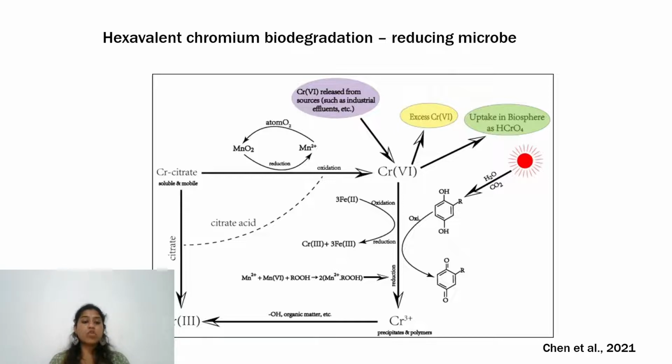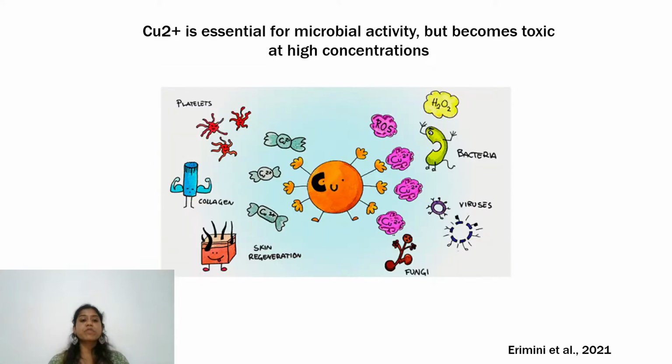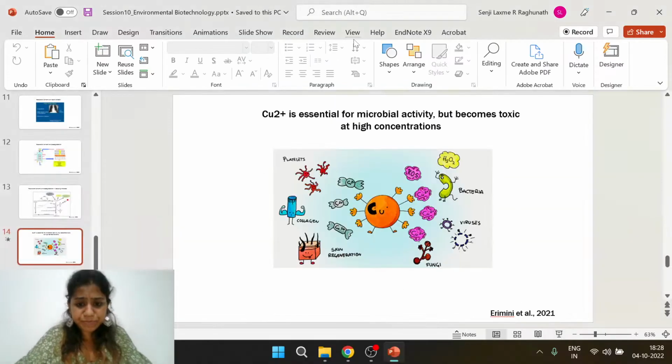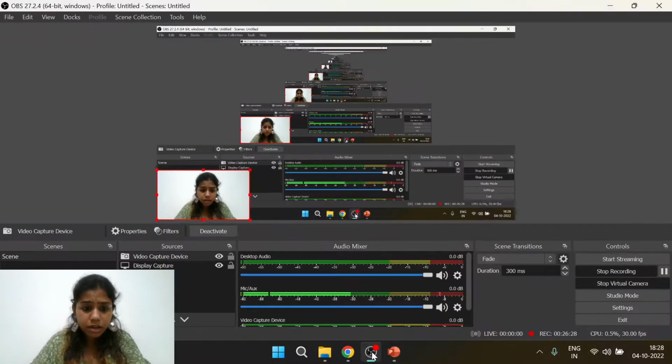So here as well, the take home is that oxidoreductases play a major role in conversion of hexavalent chromium, and a reducing microbe, a metal eating microbe or a metal converting microbe, is what is required in this process as well. And as we are talking about metals, metal eating microbes and so on, I'd like to bring your attention to one of the metals that is highly contaminating.